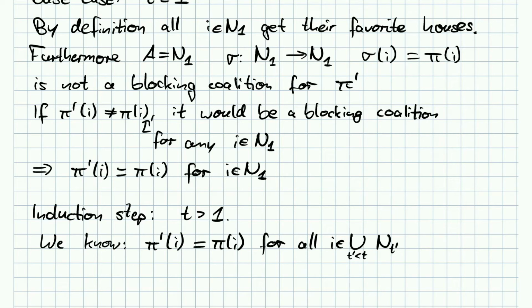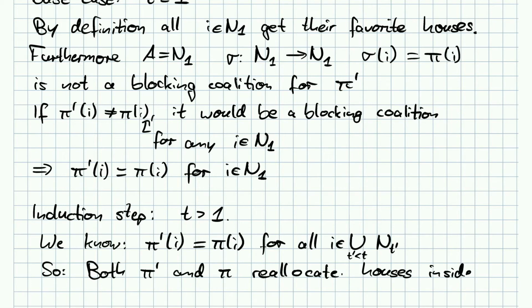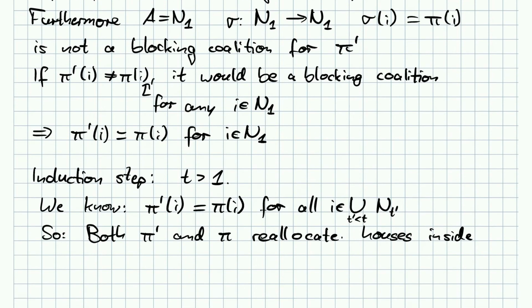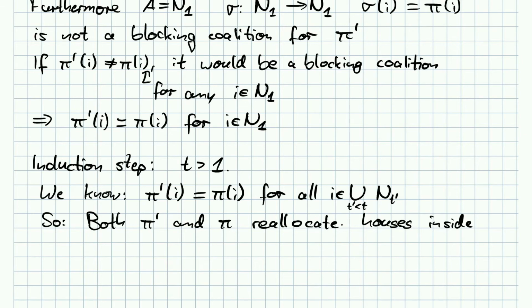What does this mean? This means that both pi prime and pi reallocate houses inside the current set n prime, which is exactly the remaining agents.